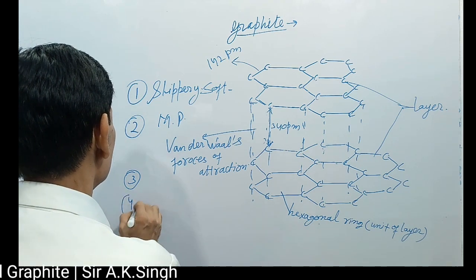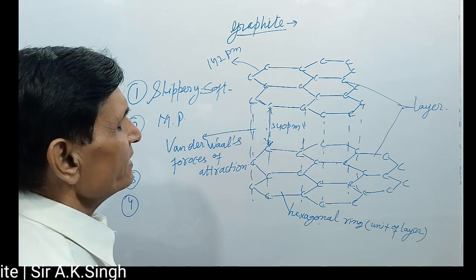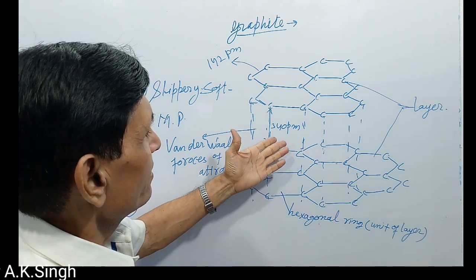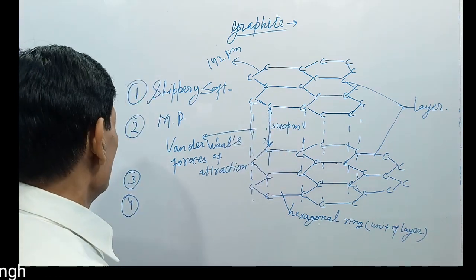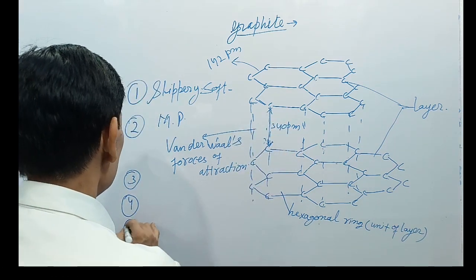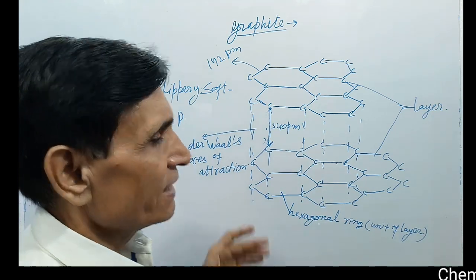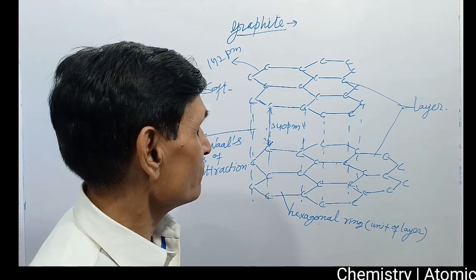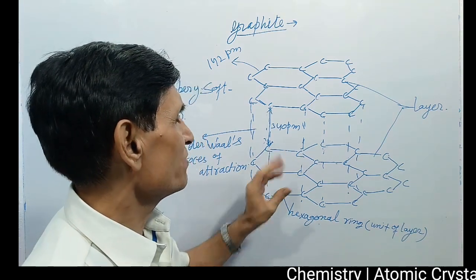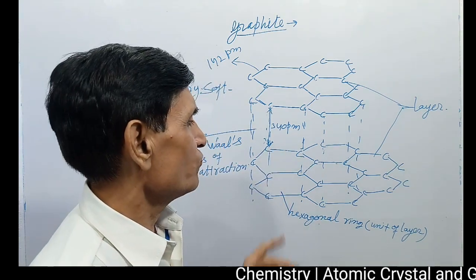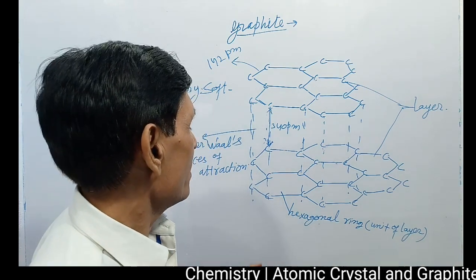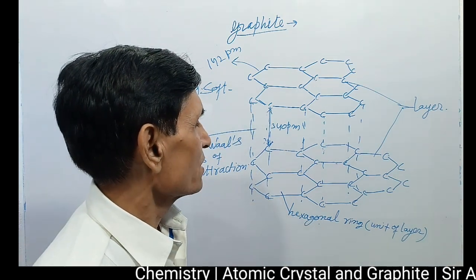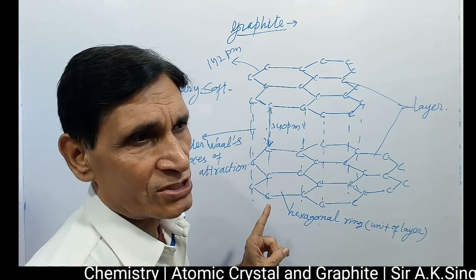Number 4, its color is dark gray with metallic luster, and it does not react under ordinary conditions with acid, alkali or oxidizing agent, but it reacts with acidified potassium dichromate solution slowly to form carbon dioxide gas. On combustion, on burning, it forms carbon dioxide.